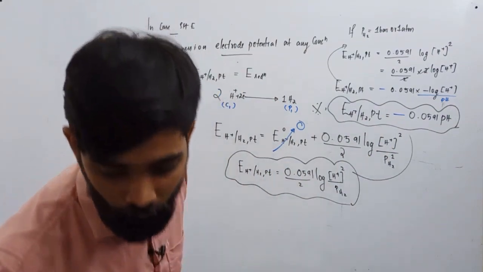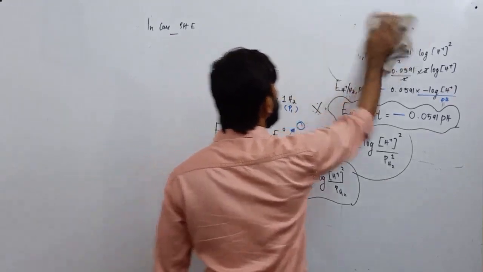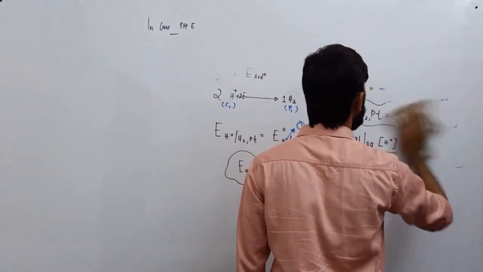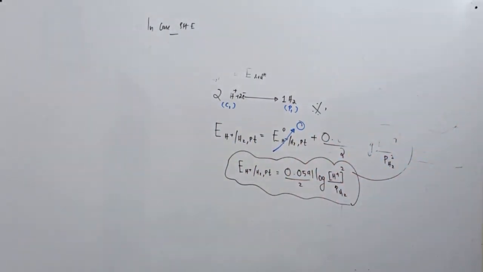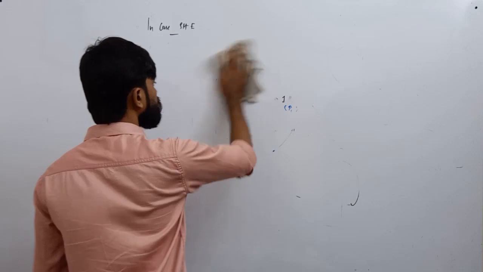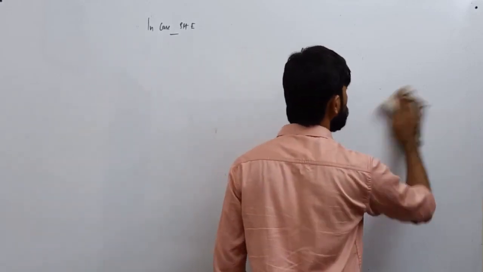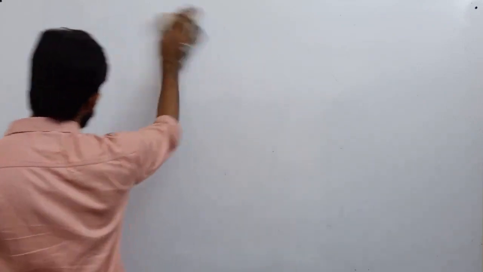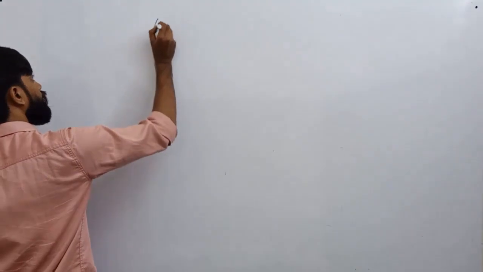Ready. So let me define one more idea in your Nernst equation topic: the concentration cell. What is it? That is also in your syllabus. In the case of objective examination, you have to know one more topic, that is the concentration cell.